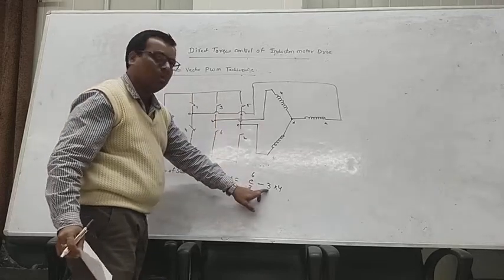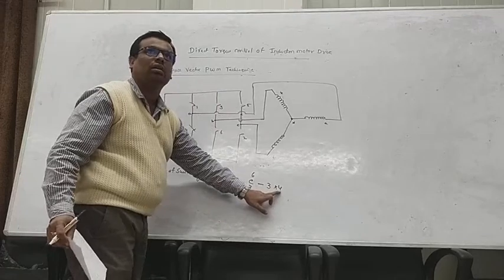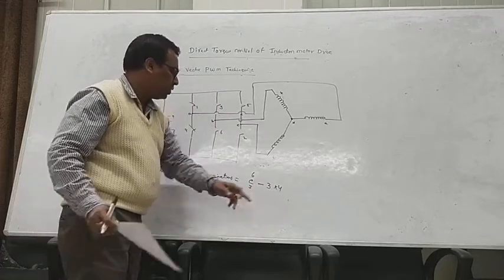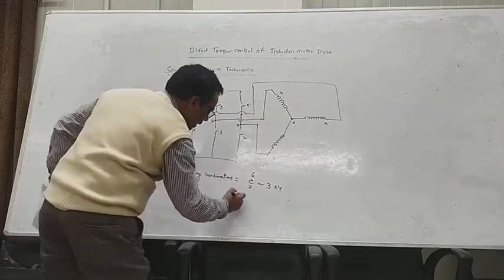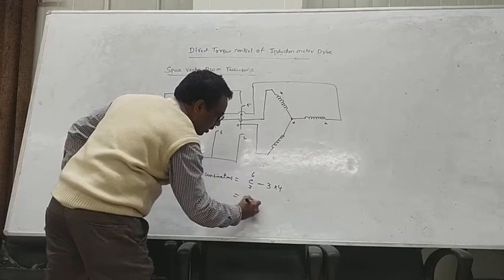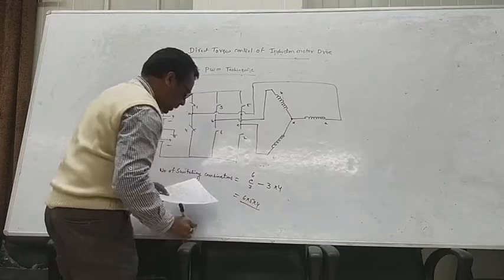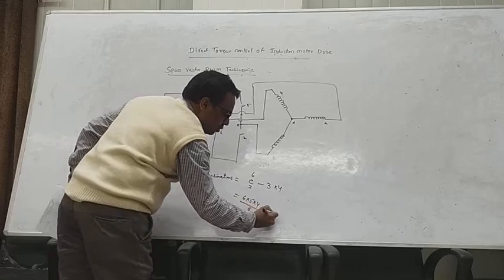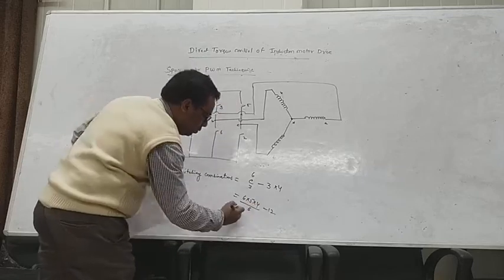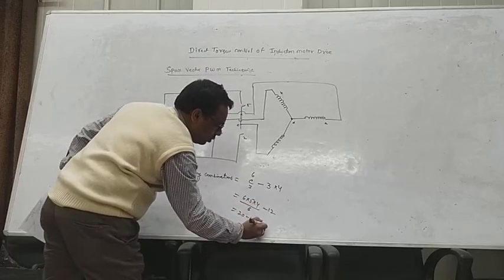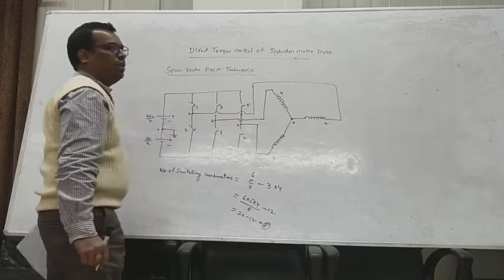So this indicates the number of phases and this is the number of illegal combinations. If you simplify this, it will be 6 into 5 into 4 divided by 6 minus 12, so that is 20 minus 12. So you will get 8 possible combinations.